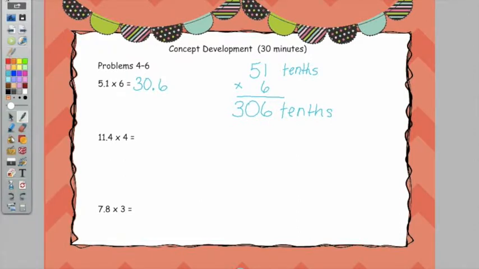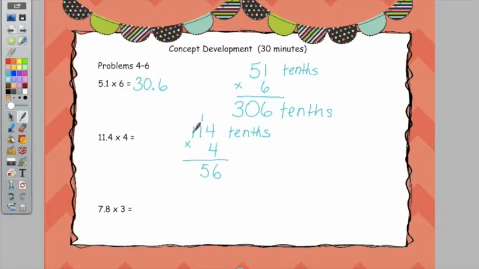So 11.4 times 4. I'm going to take the decimal out and write 114 what? 114 tenths. Times 4. And just multiply using the standard algorithm. 4 times 4? 16. Regroup the 1. 4 times 1 plus 1 is 5.